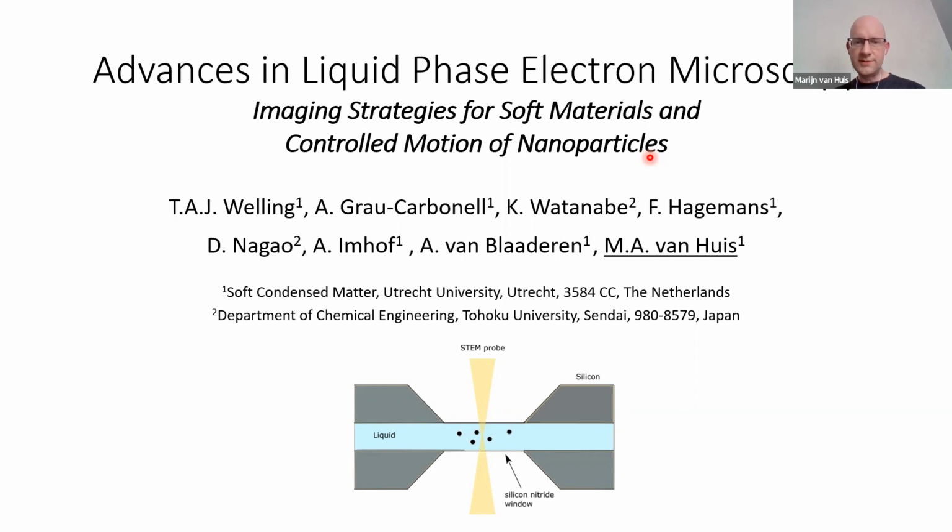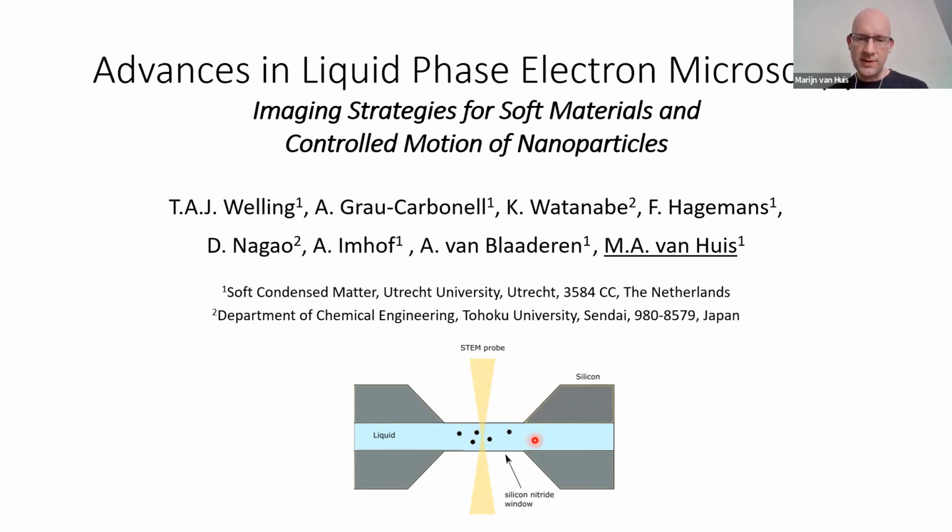Now, you can see here below the schematic, what we do to confine the liquid and to shield it from the high vacuum of the electron microscope is to contain it within two very thin silicon nitride membranes. These are about 15 nanometer thin.